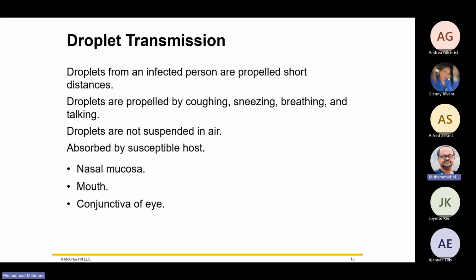The nasal mucosa, mouth, and conjunctiva of the eye are the areas where these are absorbed by the susceptible host. Common diseases transmitted by droplet transmission include influenza, mumps, rubella.